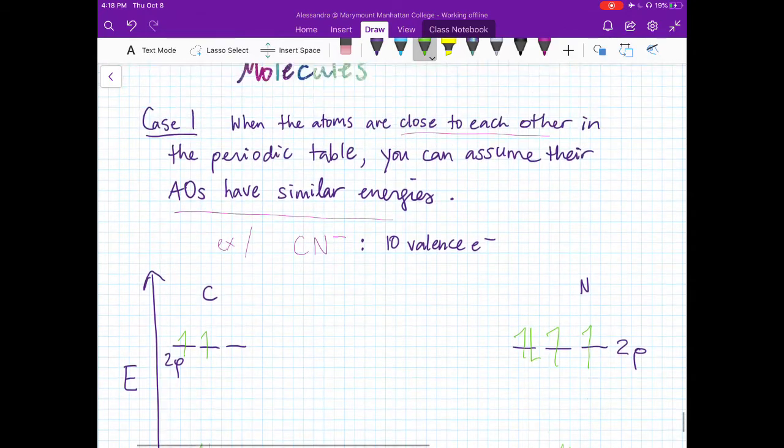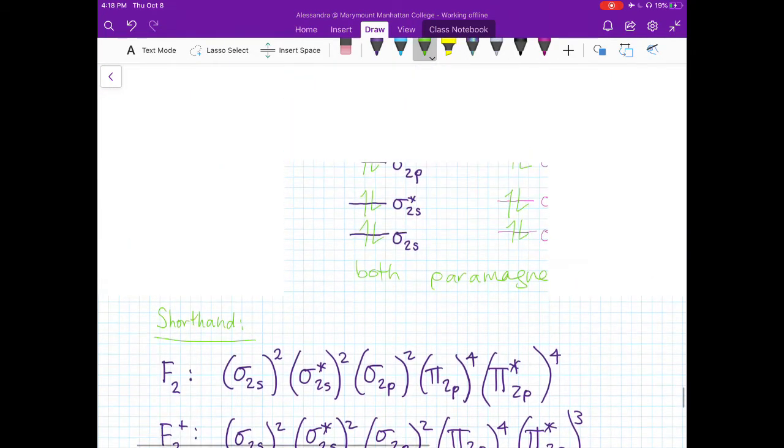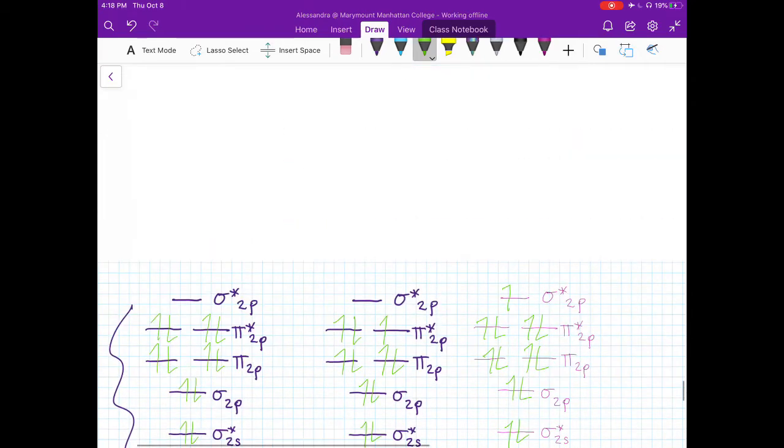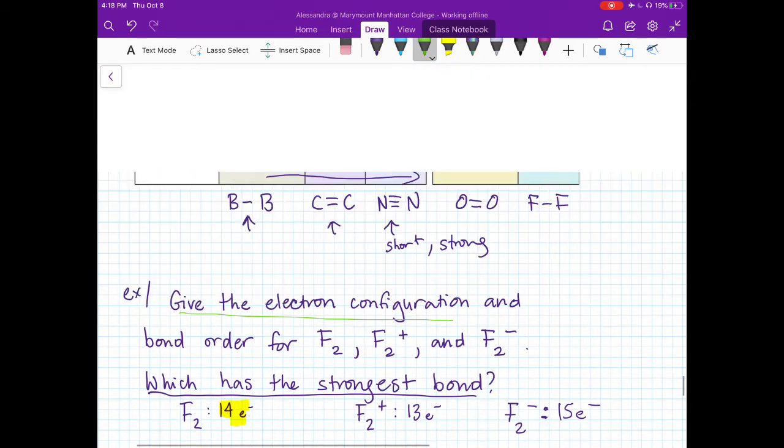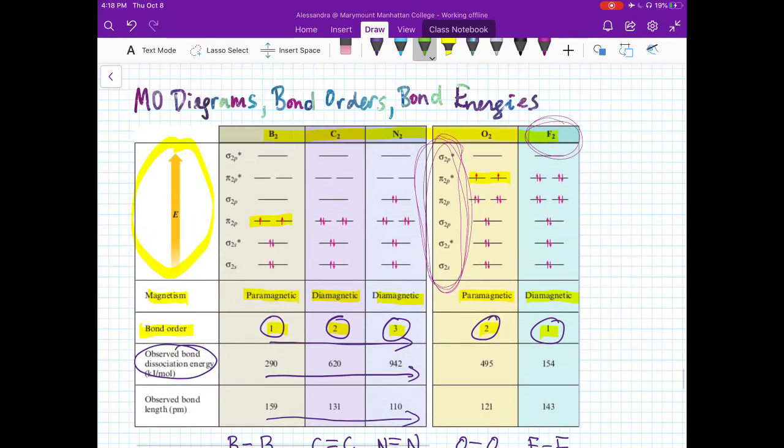So going back to the table that shows the order of molecular orbitals for the various second row elements, this is just a table from chapter 4 in your book.